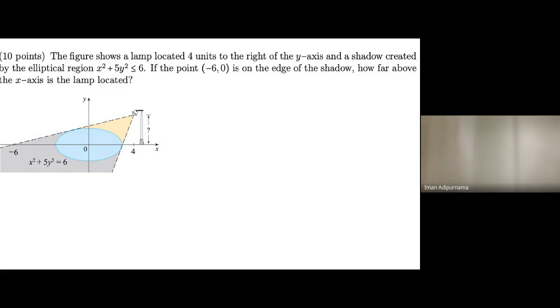If the point -6, 0 is on the edge of the shadow, okay, so it already has a figure, so it should help you. If there is no figure here, maybe you need time to draw first, right? But it's already here, the figure. So -6 is the edge of the shadow.